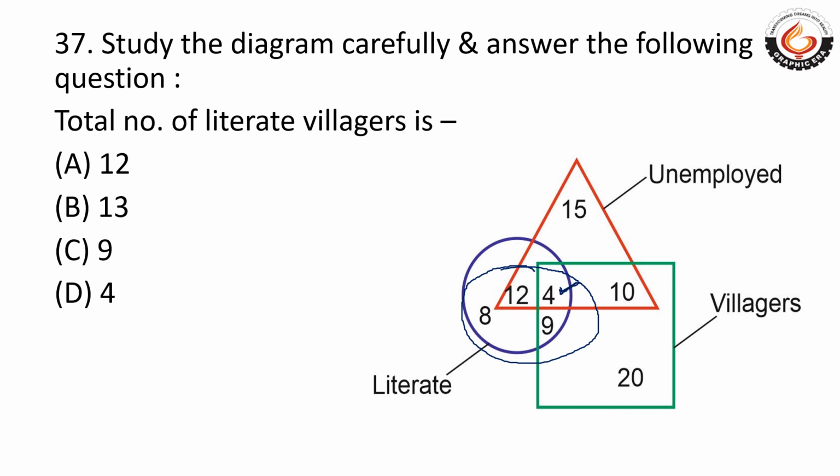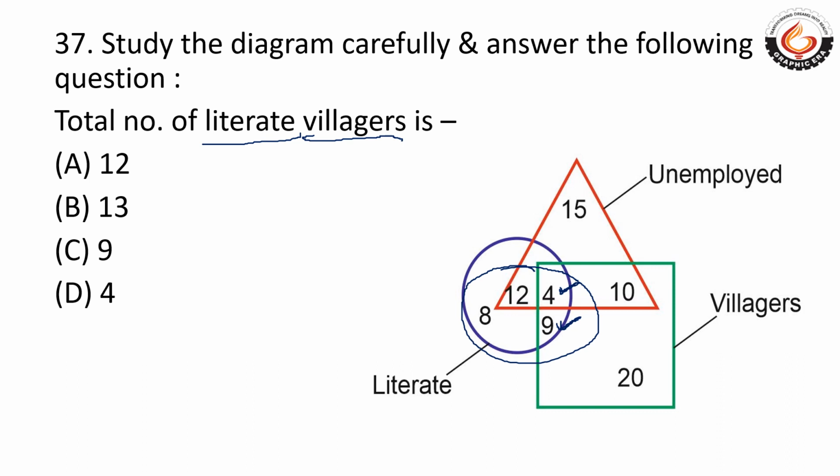This 4 is literate also, villager also. This 9 is literate also, villager also. But the difference is this 4 is unemployed and these 9 people are employed, I guess. But here they are asking literate and villagers.